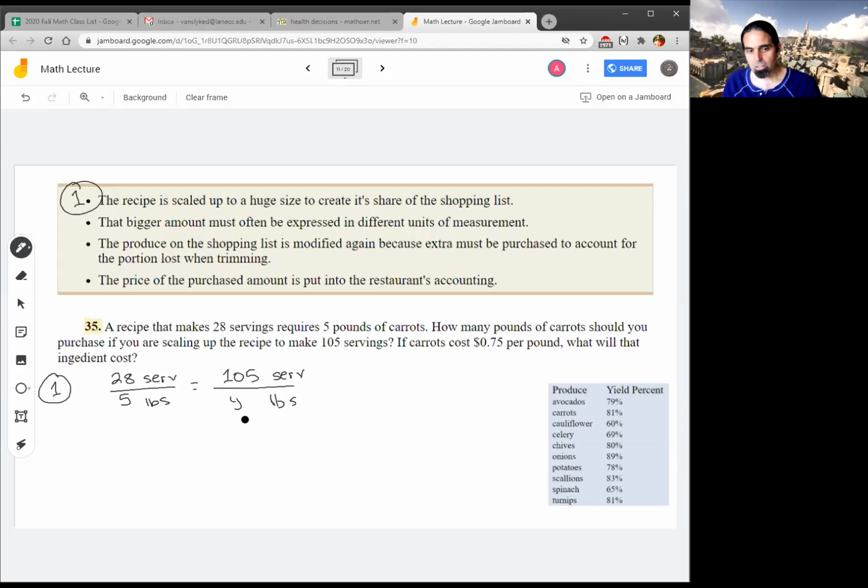I'm going to use the shortcut just because I'm low on screen space. So we'll multiply the two that are opposite each other as numbers, divide by the one opposite the y. And we get about 19 pounds.